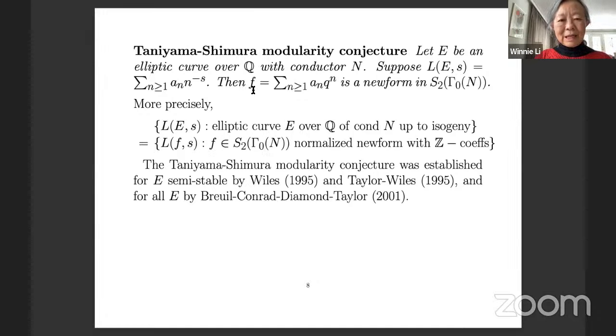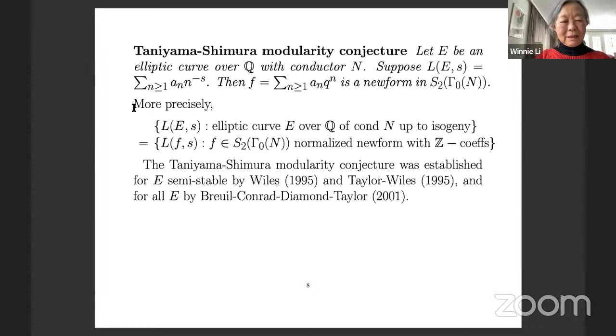And as we noted before, this f with Fourier coefficients a_n comes from the Hasse-Weil L function, so they are in Z. Conversely, if we have a newform of weight 2 and level N which has integer coefficients, one can prove that there is an elliptic curve such that L(f, s) is equal to the Hasse-Weil L function of an elliptic curve. I expect this to be explained by the speaker who will talk, I think in his second talk, on the modular curve.